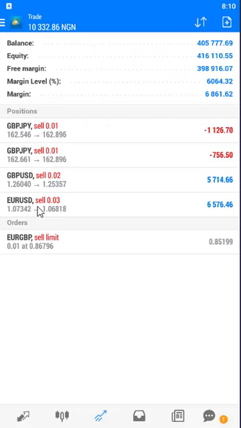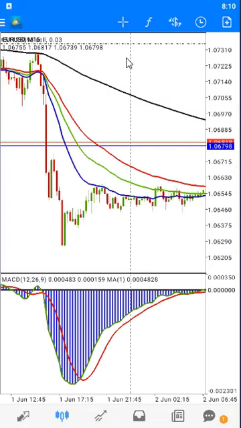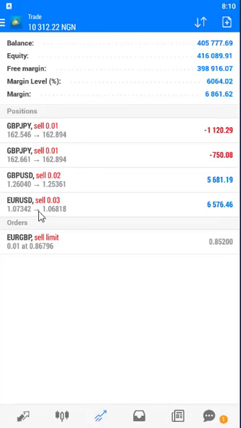So this is the Euro USD, okay? Now that entry price I showed you, this particular line, this green dash line, let me show you the price here. So this is the Euro USD here. Just below the Euro USD, you will see a price there. On the right hand side of it, you will see Euro USD sell 0.02. Okay, this is the particular trade. Now just below the Euro USD, you will see a price here.